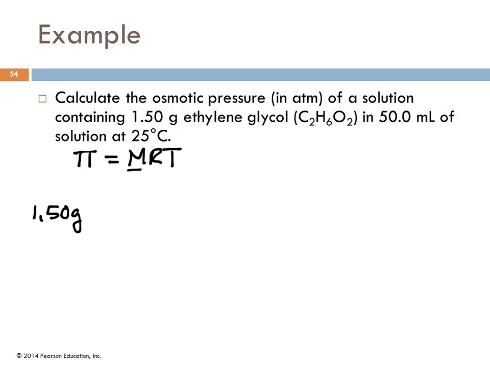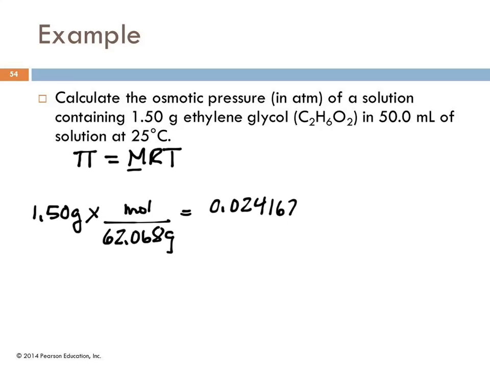So 2 times 12.01 plus 6 times 1.008 plus 2 times 16, 62.068 grams per mole. That gives 0.024167 moles.